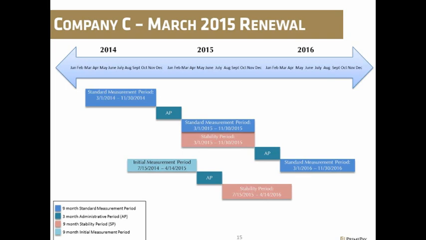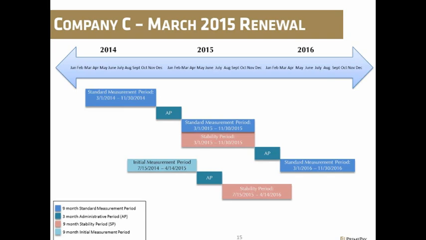So depending on the length of the periods, you can absolutely have one singular employee as a new hire be measured through the initial measurement period, and also concurrently be measured through the standard measurement period as well. So just again, keep that in your heads there. Okay. So what I hope this did is to reflect that there actually are a lot of different strategies and ways that an employer could create their measurement periods.